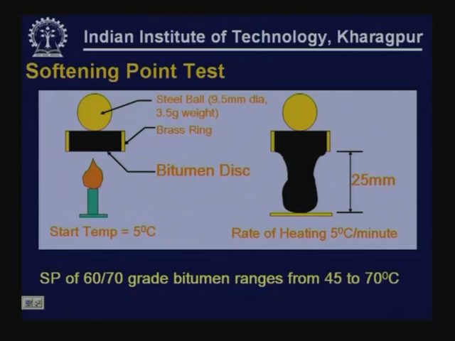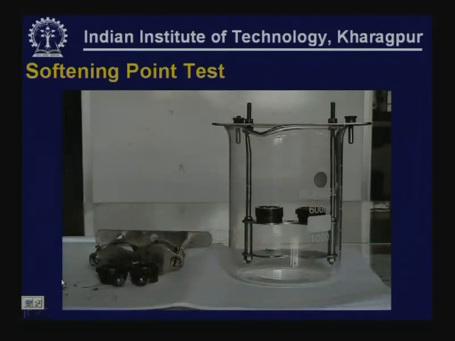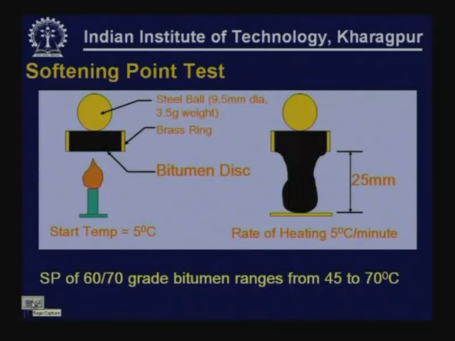What is done in this case is a bitumen disc is formed by pouring bitumen in this ring and then subjecting it to very low temperature so that it becomes hard, and then putting a steel ball over the bituminous disc, and then we start heating it from an initial temperature of 5 degrees centigrade.